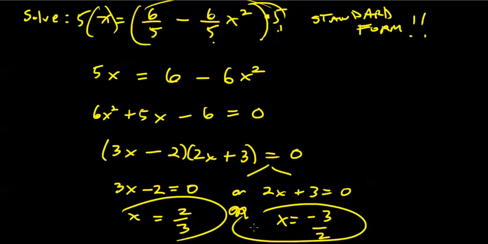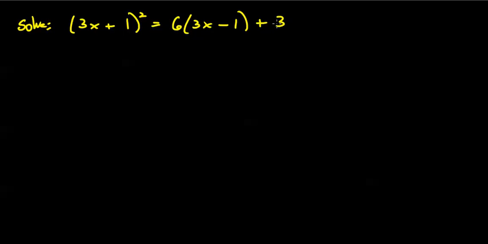Okay. Another example. Alright, some of these get a little nasty, but again the idea is the same. Here's one of that type. I get (3x plus 1) squared equals 6 times (3x minus 1) plus 3.